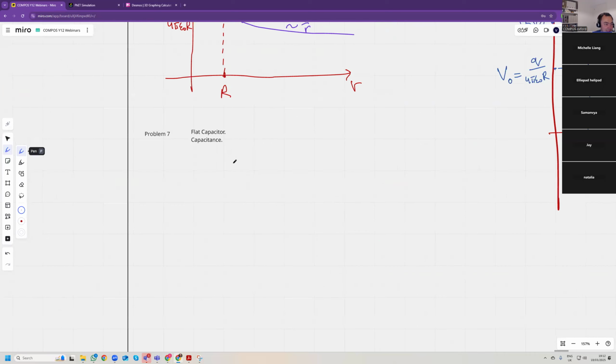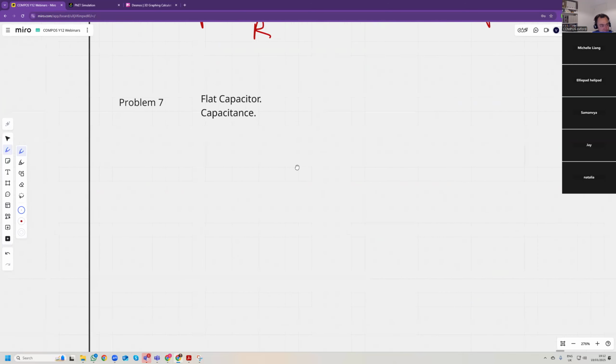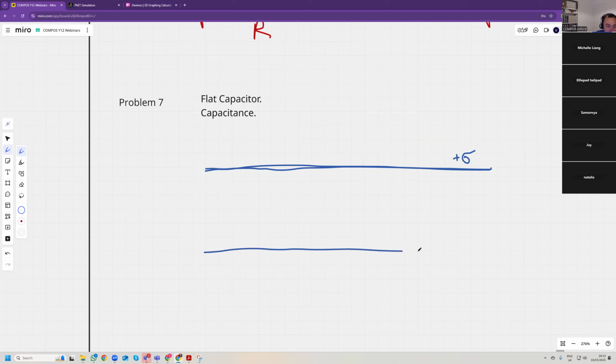Next, flat capacitor and capacitance. Imagine you have two plates, two very large flat plates, like two sheets of paper. And they're both charged, and the area charge density is plus sigma on one plate and minus sigma on another plate.